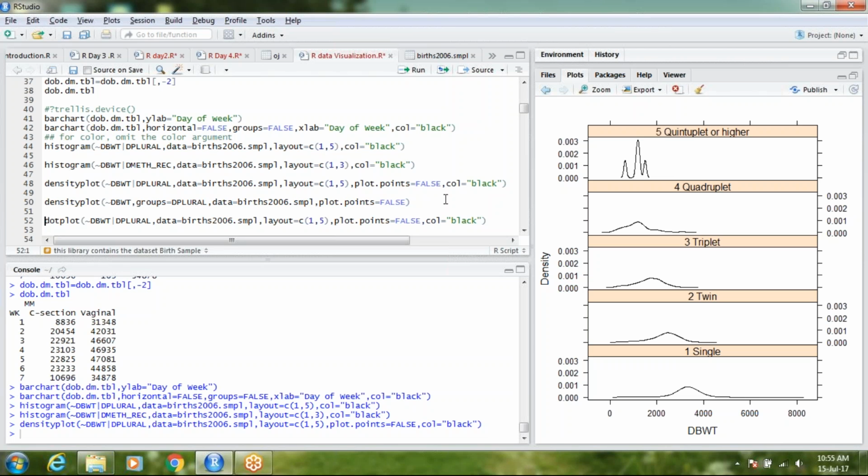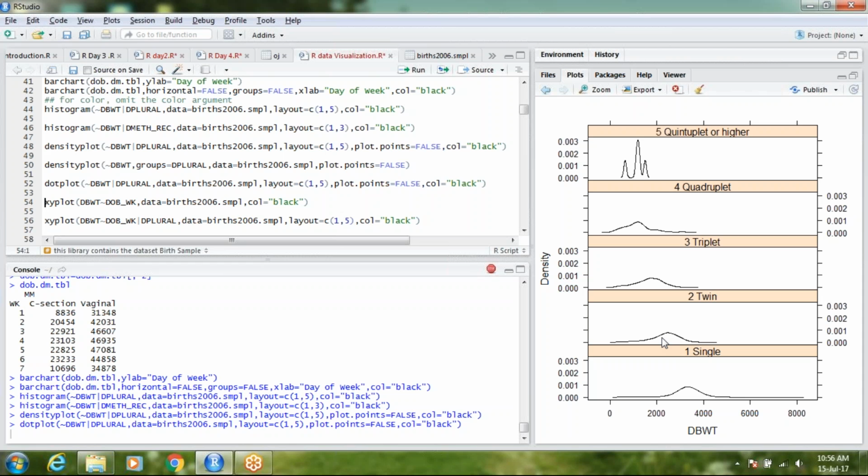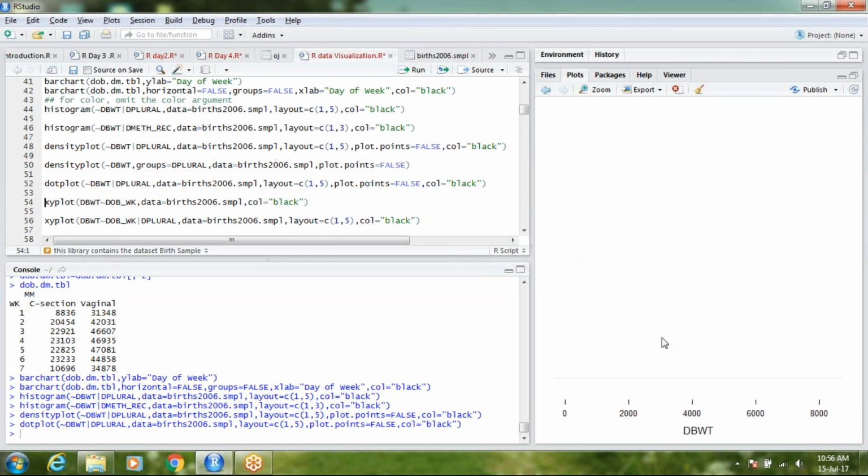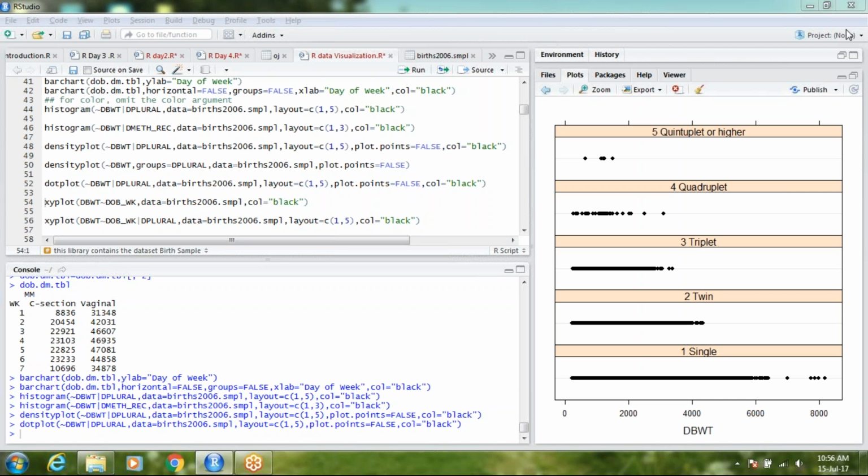Now let's do a dot plot. A dot plot will make a density of the dots that are present there. So let's do that. The data set is quite large, so it's taking a bit of time. So here it is.